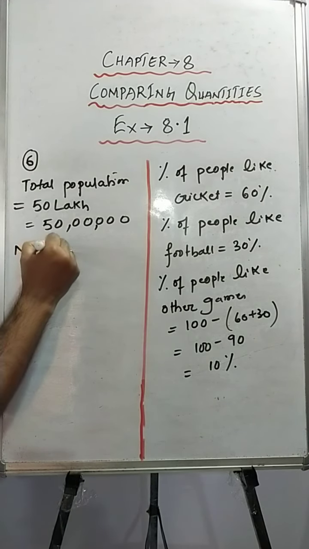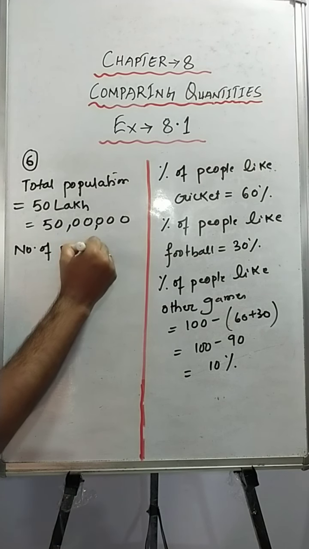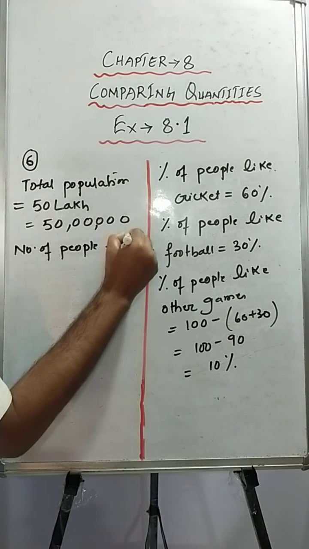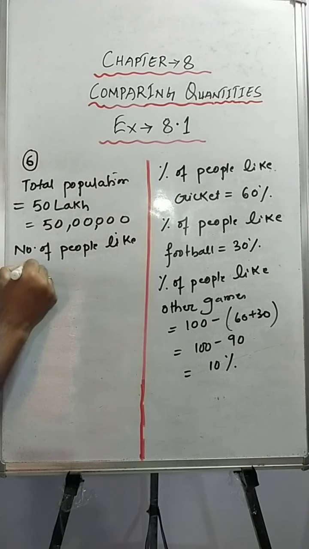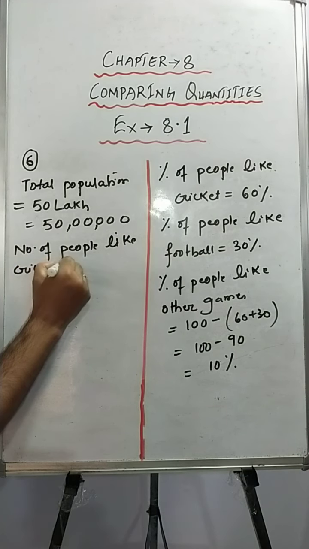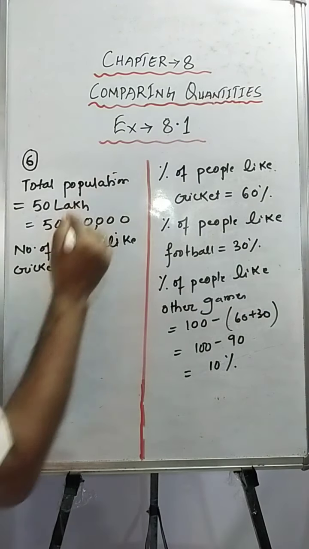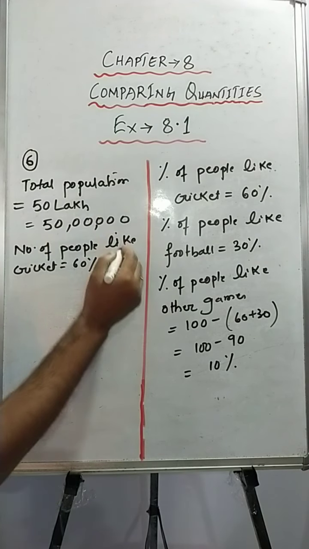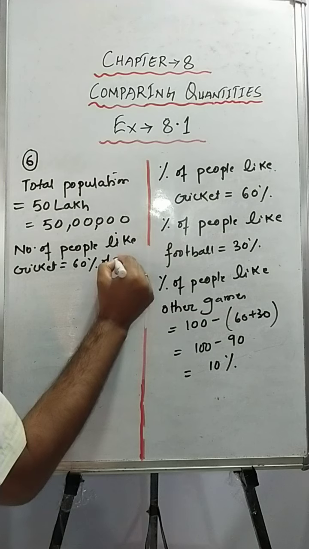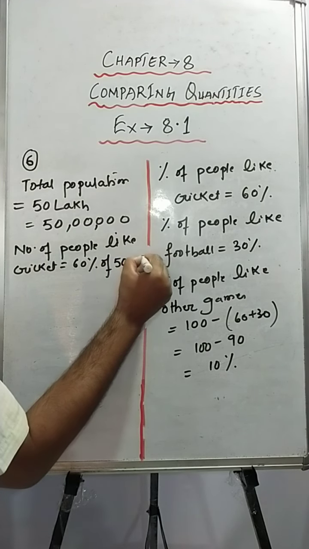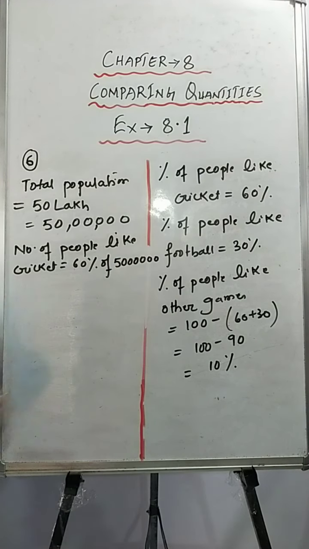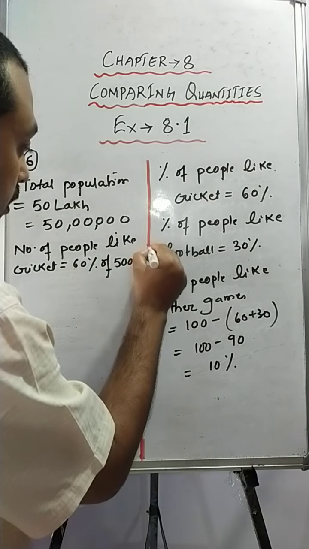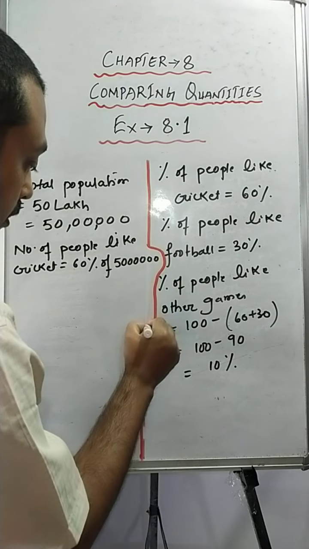So the number of people who like cricket. So that will be what? 60% of the total population. So we have to see what is 60% of the total population. Total population is what? 50 lakh. So we'll write 50 lakh, with 5 zeros.